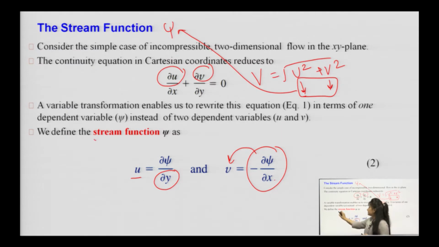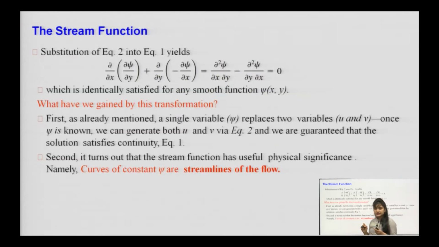From the stream function definition, we have calculated u and v. So, we will substitute the velocity component u in the x direction and v in the y direction into the 2D continuity equation, because if it exists, then it should satisfy the continuity equation.